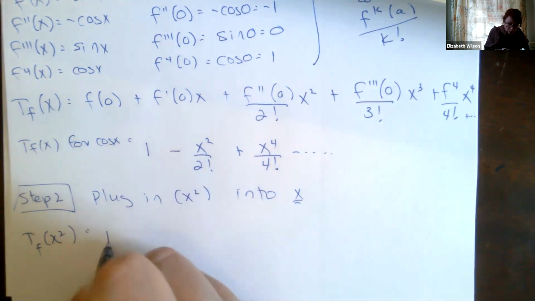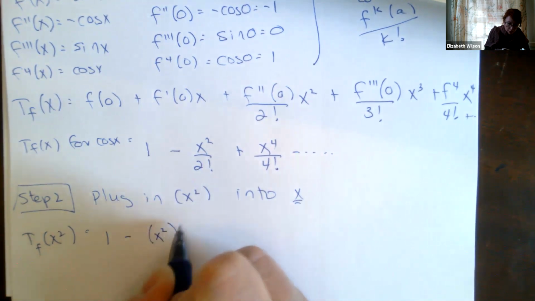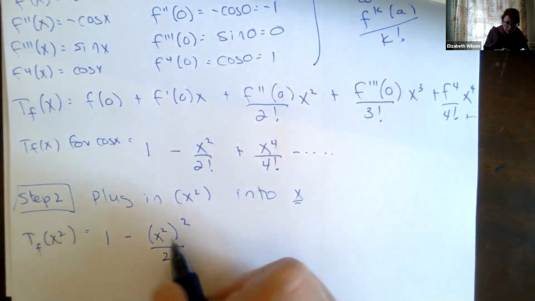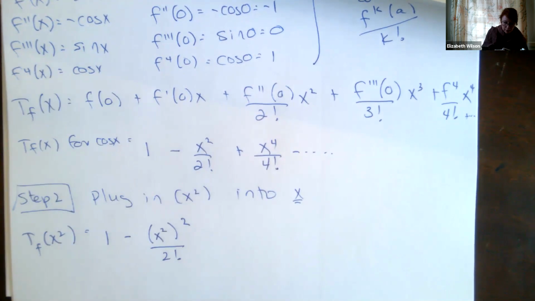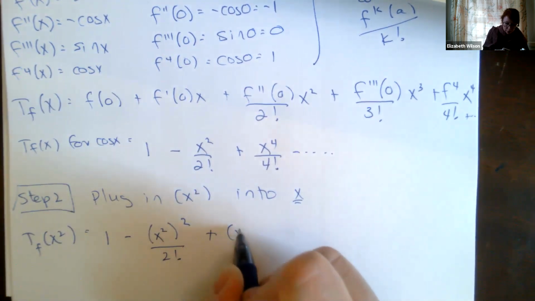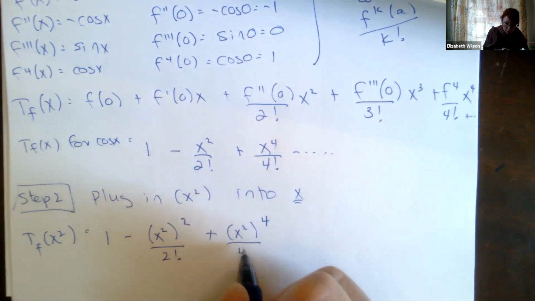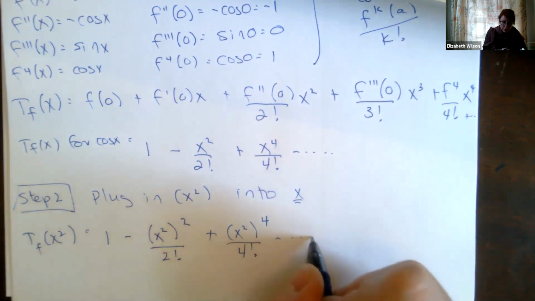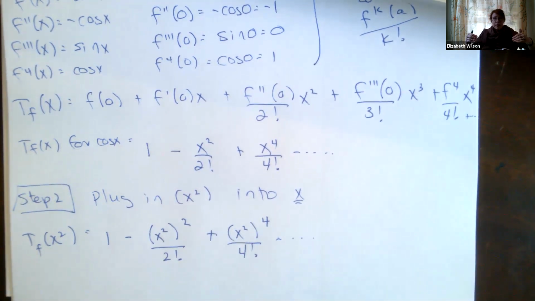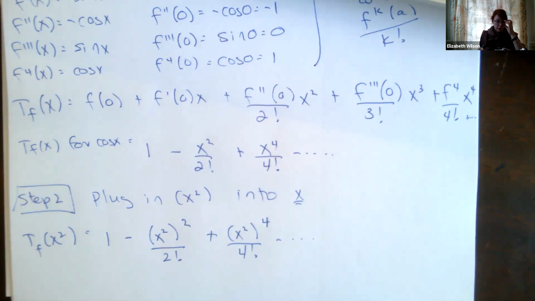So I've got 1 minus, watch this, x squared squared. Don't be fooled that you already have a squared there. x squared is what you're substituting in, plus x squared to the 4th all over 4 factorial. Now it doesn't change my denominator, right? I'm just plugging in a value, x squared, in for x.